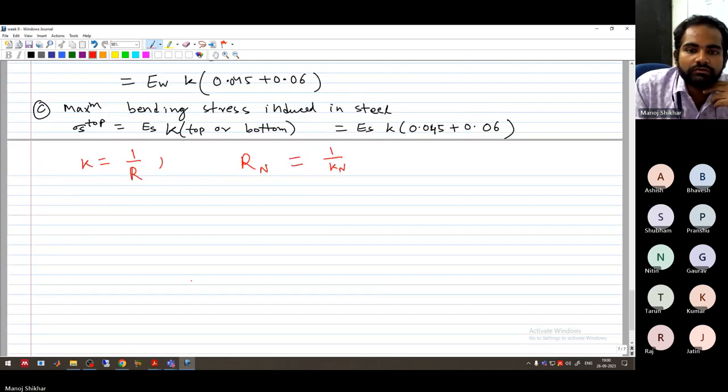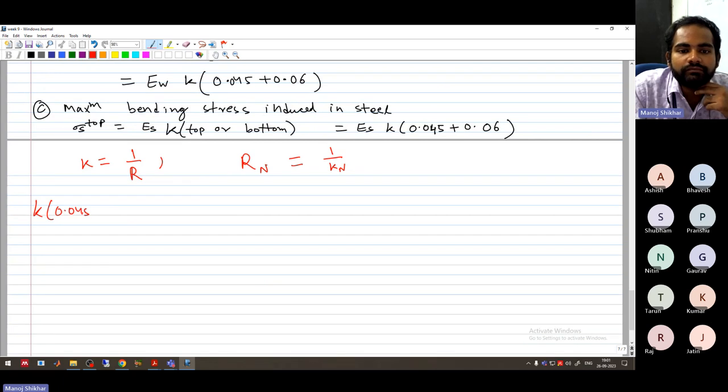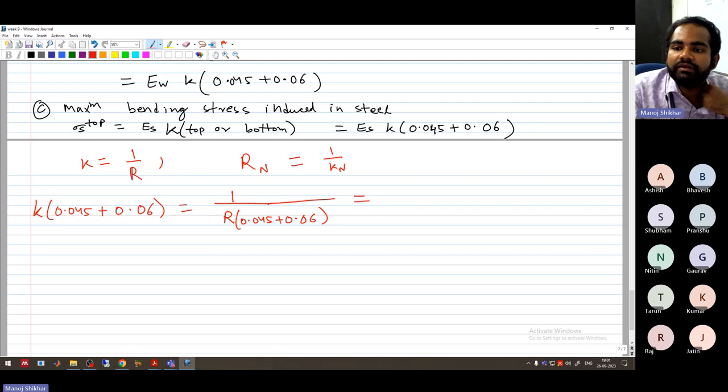So kappa at 0.045 plus 0.06 will be 1 by the radius at 0.045 plus 0.06. And what will be the radius at that point? It will be 1 by Rn minus 0.045 plus 0.06.